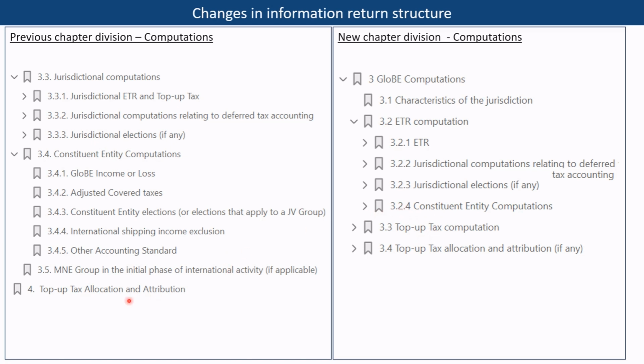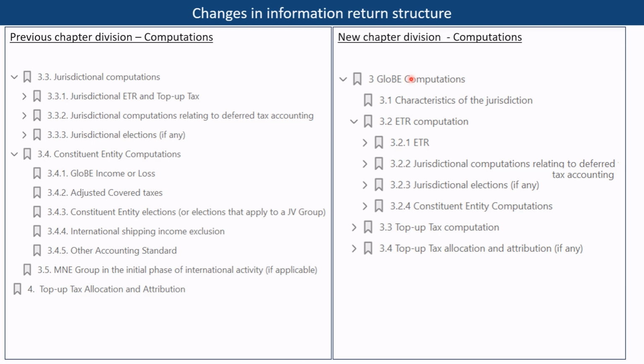And then you do your top-up tax computation and allocation, which is, as I said, more clearly separated under the new chapter divisions than the old one. I assume that part of the reason why the new chapters are subdivided like this is that if you are only in the safe harbors, the transitional safe harbors, you would probably not have to fill in anything in chapter 3 of the return.